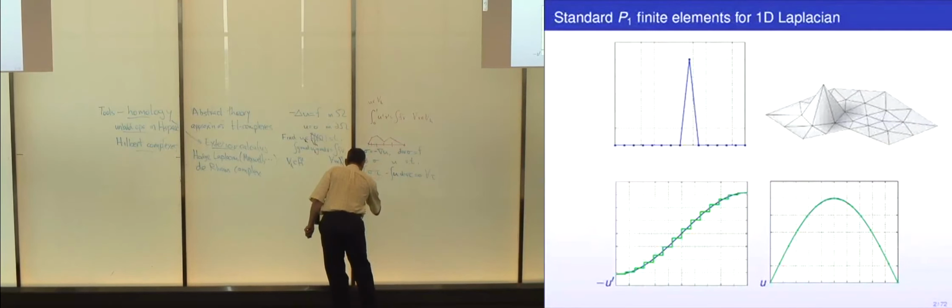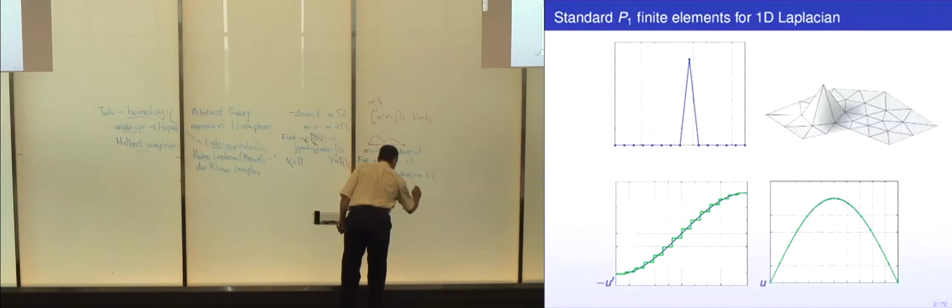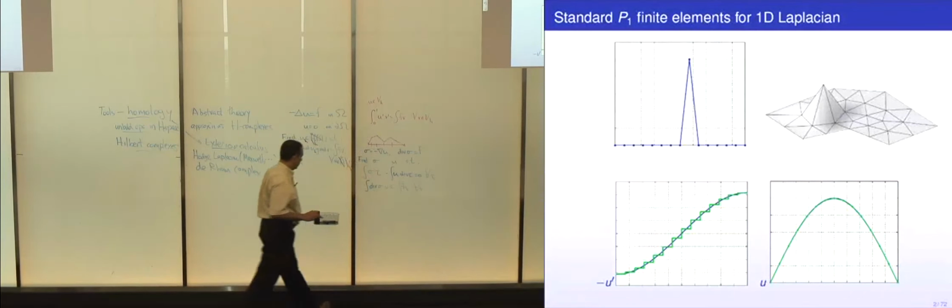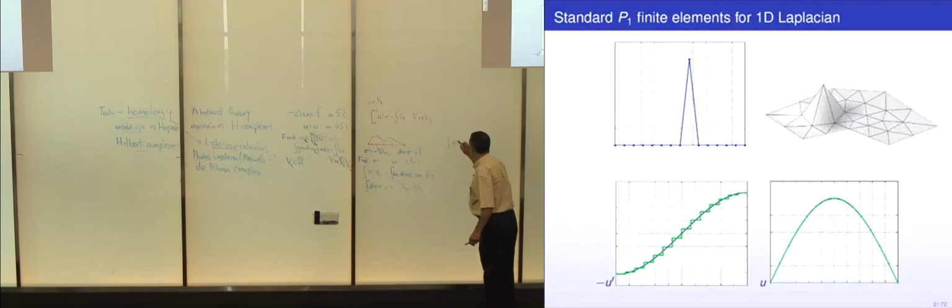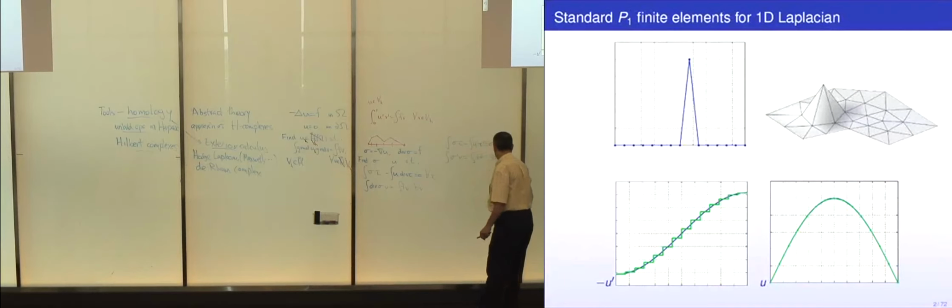And the integral of div sigma v is equal to the integral of fv for all v. Or in one dimension, it would just be the integral of sigma tau minus the integral of u tau' is equal to 0 for all tau, and the integral of sigma' v is equal to the integral of fv for all v.